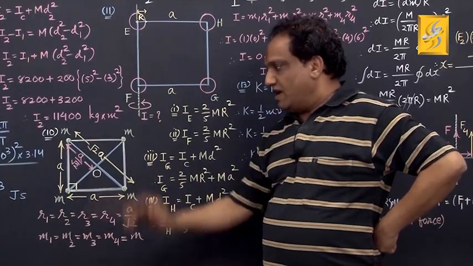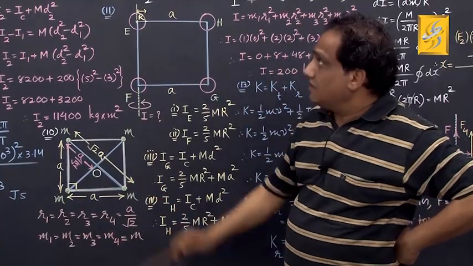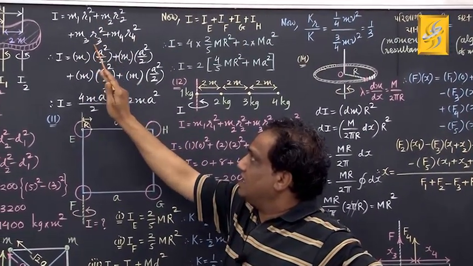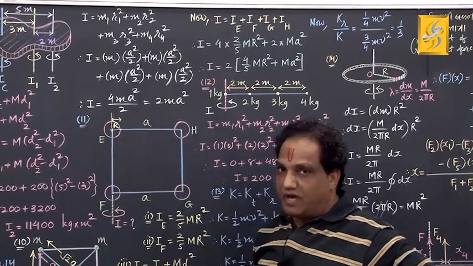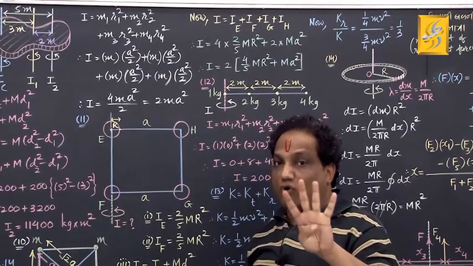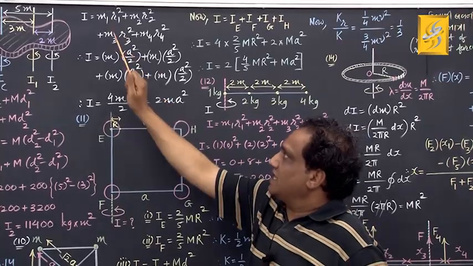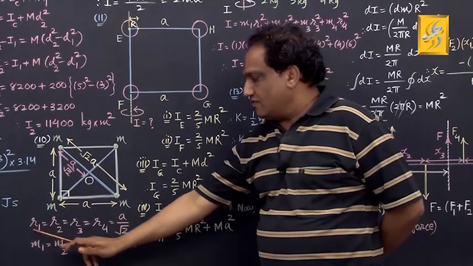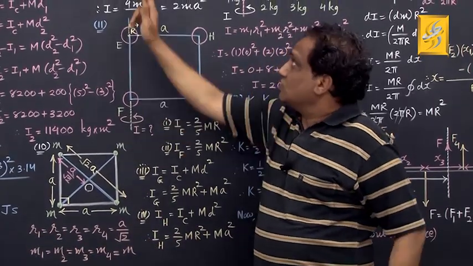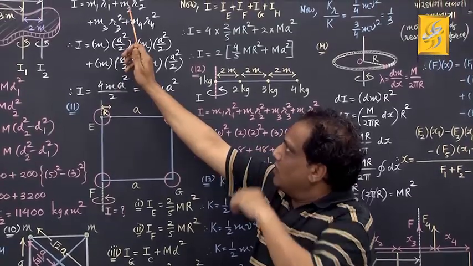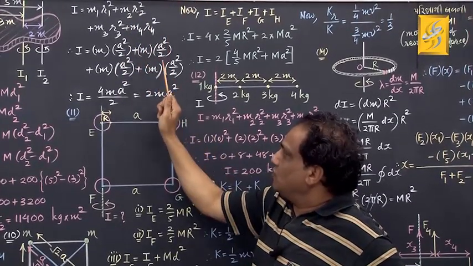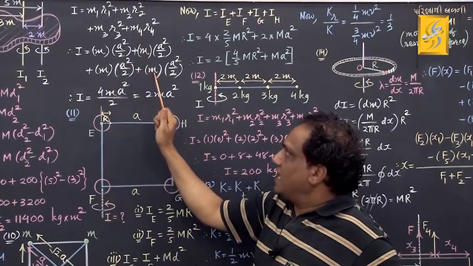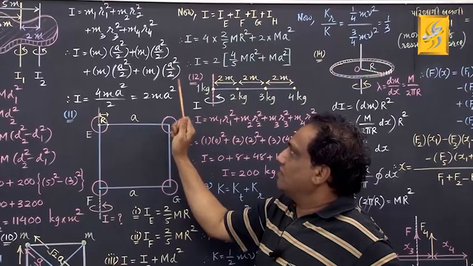For a system of 4 particles, how would you write moment of inertia? Moment of inertia is m1 r1 square plus m2 r2 square plus m3 r3 square plus m4 r4 square, because our system is right now made up of 4 particles. m1 is m, r1 square will be a square by 2. m2 is m, r2 square is also a square by 2. m3 is m, r3 square is also a square by 2. m4 is m, r4 square is also a square by 2.